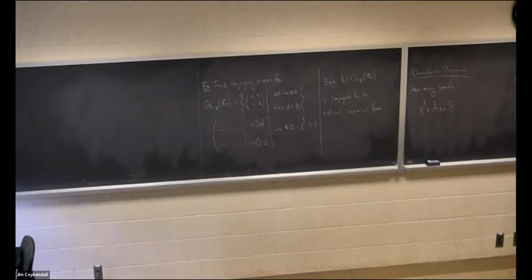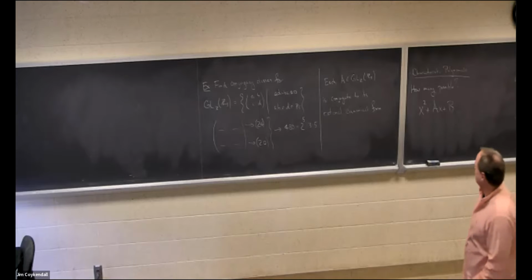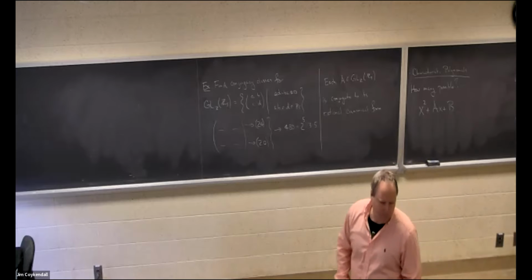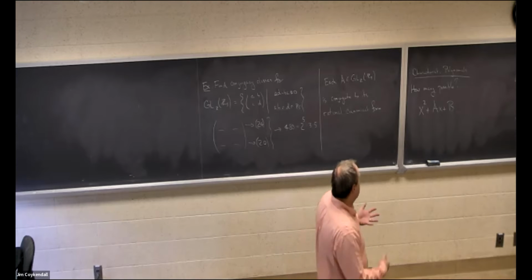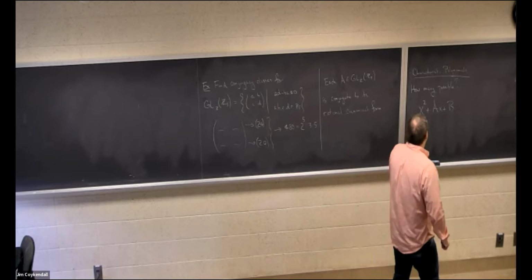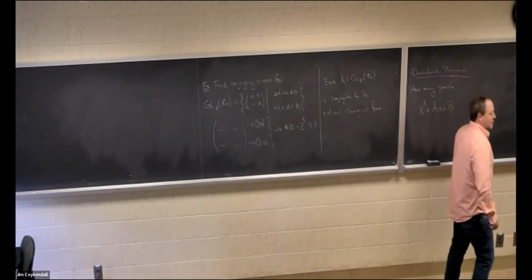How many characteristic polynomials are possible? What do you think? Yeah, 2 by 2 matrices always have quadratic characteristic polynomials, right? So basically, when I do my thing, I'm going to get a quadratic polynomial.